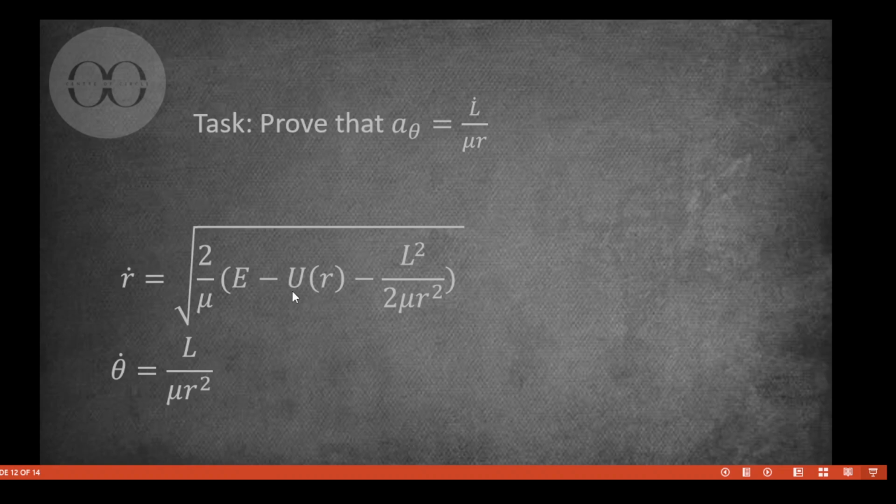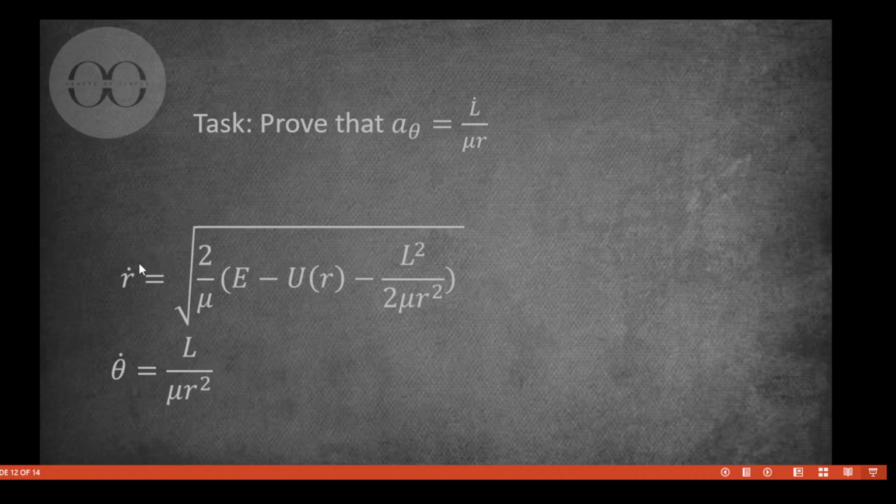Well, here U of r minus L squared by 2 mu r squared, this term is called the effective potential. This is the effective potential which we will be looking at in our next lecture, chapter 2.